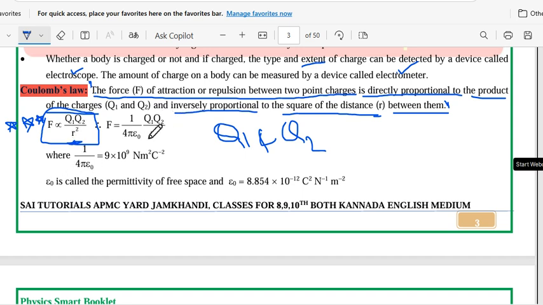Here, directly proportional. If I want to remove this proportionality factor, I need to replace it with a constant k.